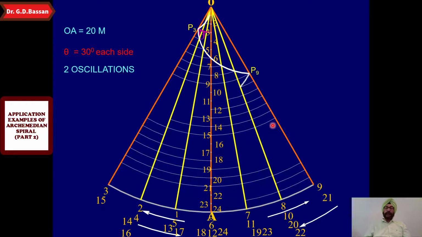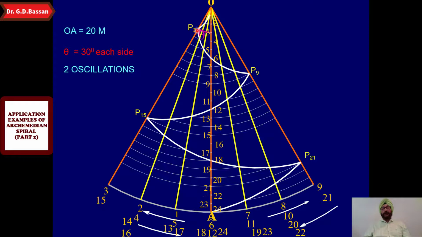Similarly, we give the numbering accordingly. P15 will be on the 15th path, P21 will be at the extreme right side, the 21 position of the rope, and P24 will be exactly at the A position.